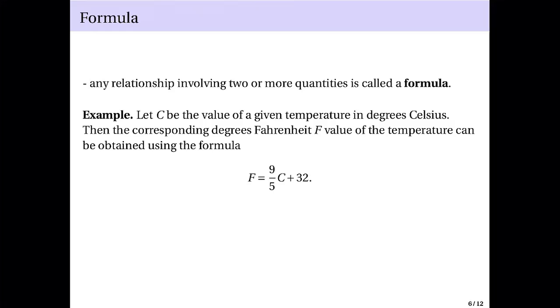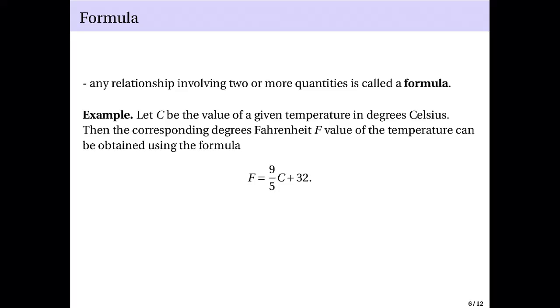Okay? So if you are given the degrees in Celsius, you can use this formula to convert it to degrees Fahrenheit. So the Americans can use this. So they would know when we say 32 degrees Celsius, they would know the value corresponding to their country.